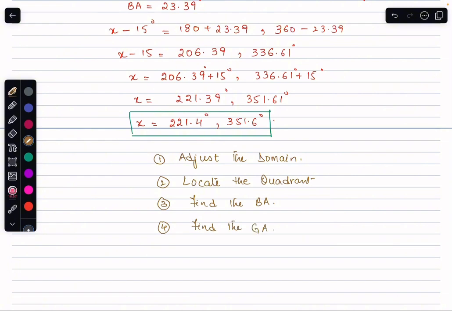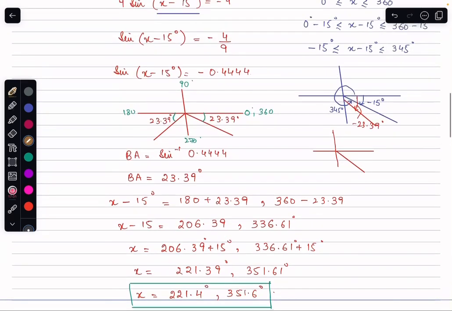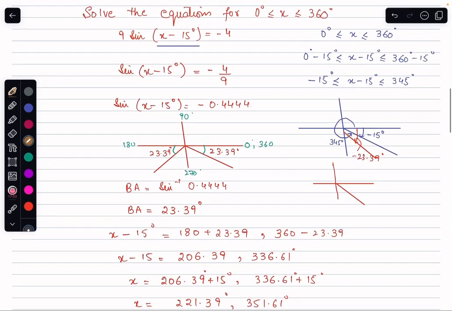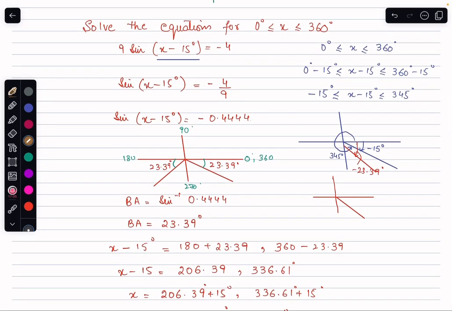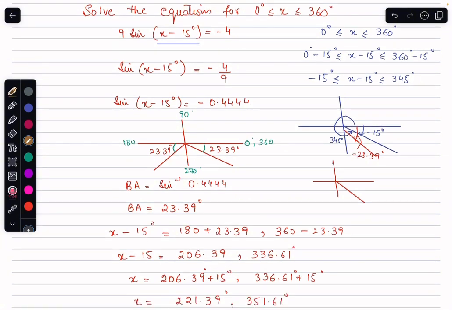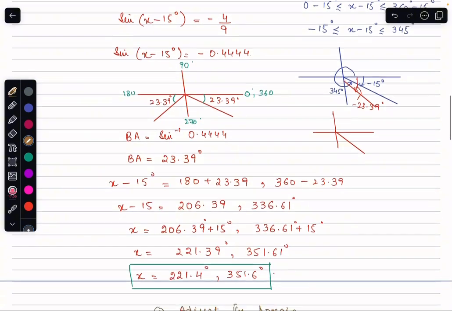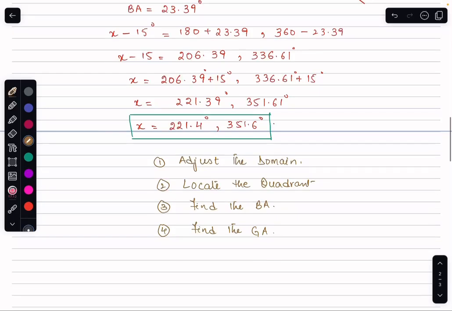So these are the 4 steps that we shall be following whenever we have an equation which is not just for x, but there are some other values of x attached with this x value. So adjust the domain, locate the quadrant, find the basic angle, and then find the general angle. So these are the 4 steps we shall be following now with respect to these kind of equations.